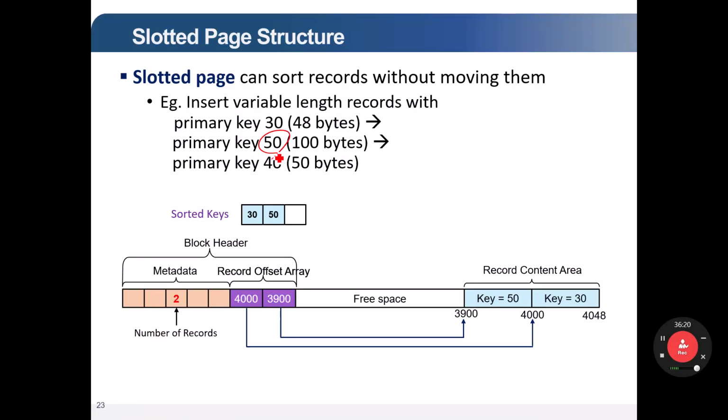So when we insert the second record, using the free space pointer, we compute the starting offset of this second record. Initially, the free space pointer will have 4000 as its value, and if this second record requires 100 bytes, then we deduct that 100 from the free space pointer, and update it.